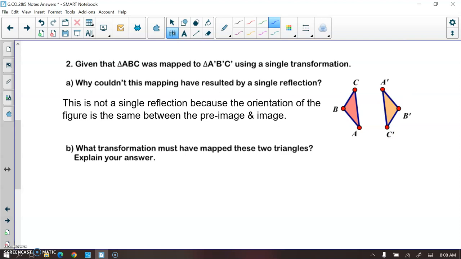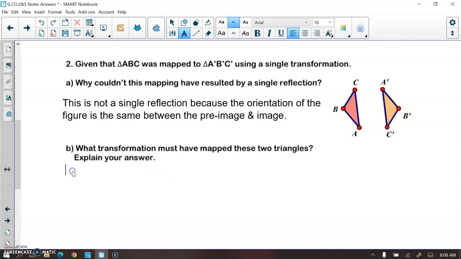this would not be a translation, because point A would have had to travel a certain amount of units to the right and then a certain amount of units up, whereas point B just traveled a certain amount of units to the right. And in a translation, each of the points travel the same exact distance and the same exact direction. And so a translation would have not been the best answer.